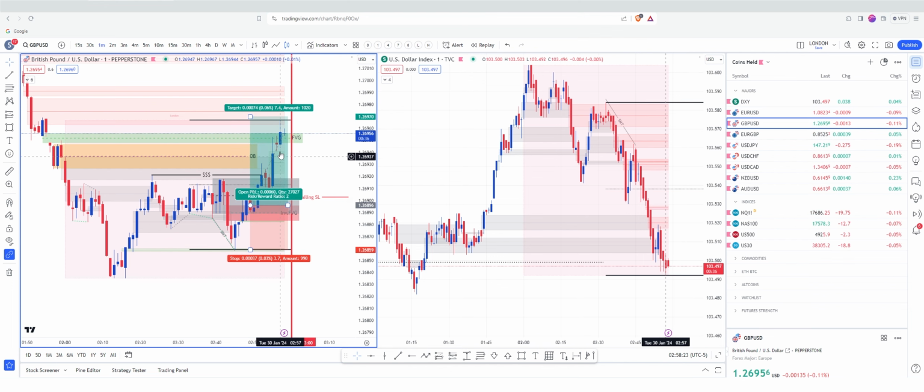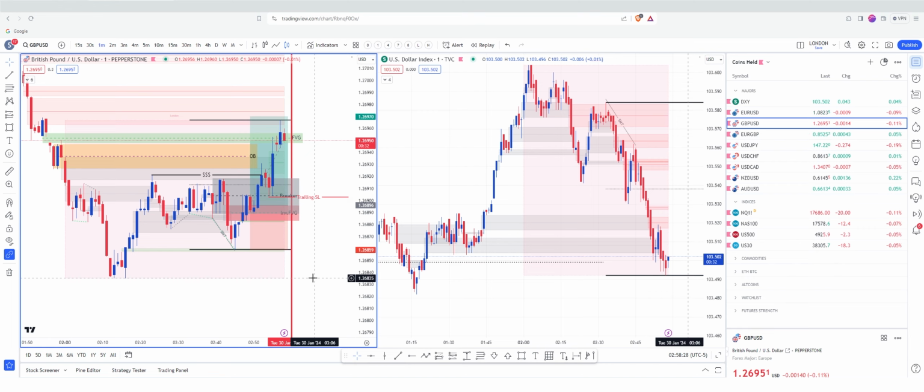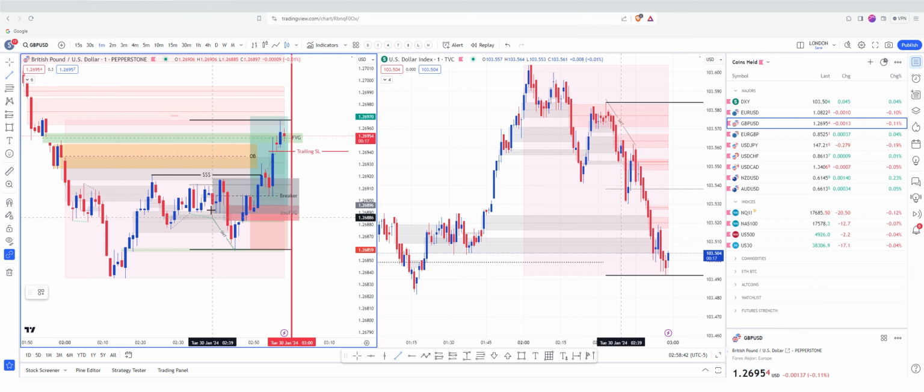So with it ending, you're almost at 2R. I would definitely just close out manually at this point. Probably run the stop loss right up to there. Wouldn't allow it to come back.